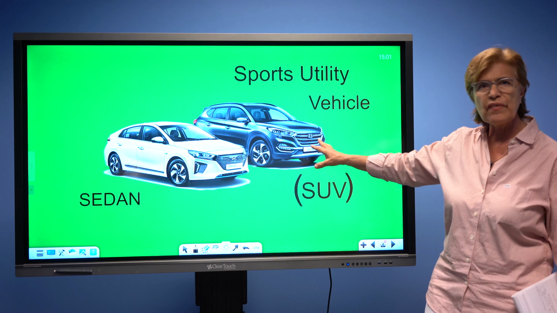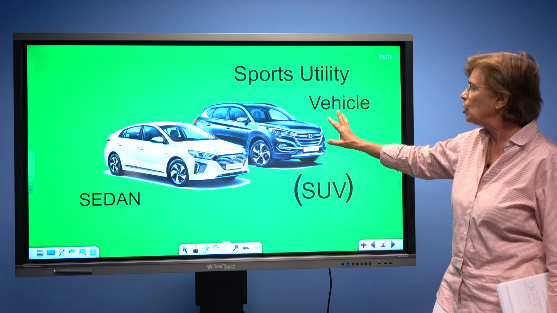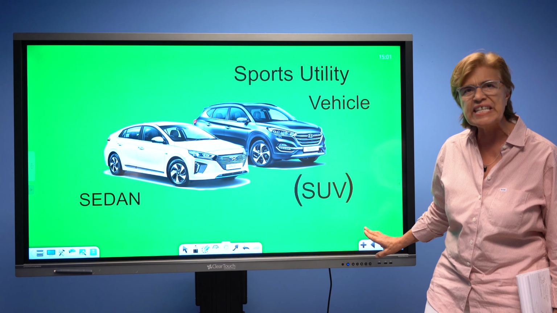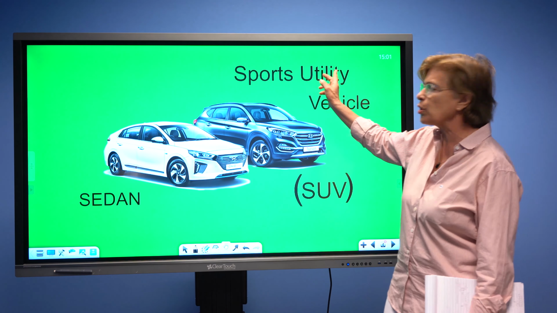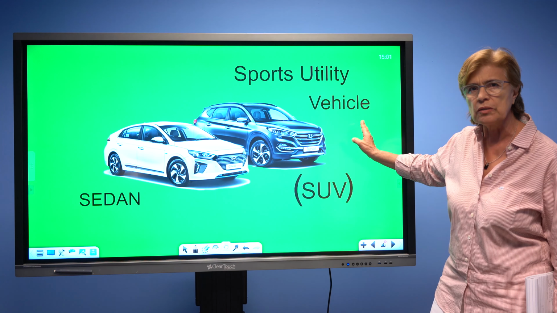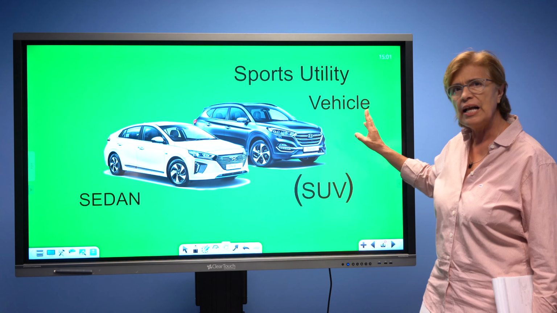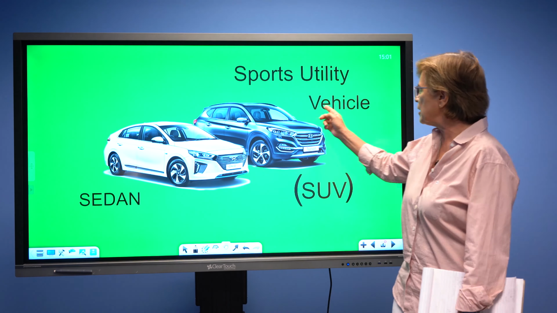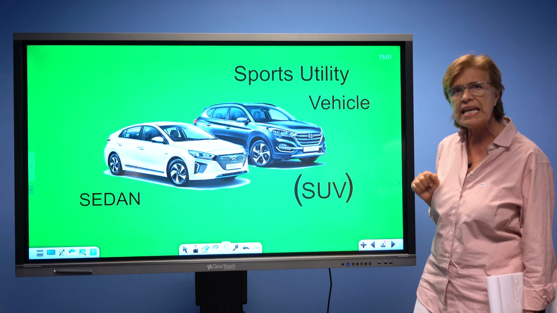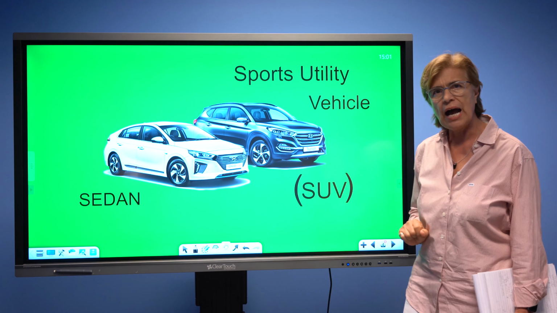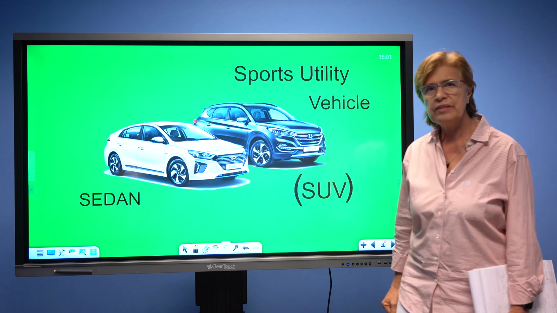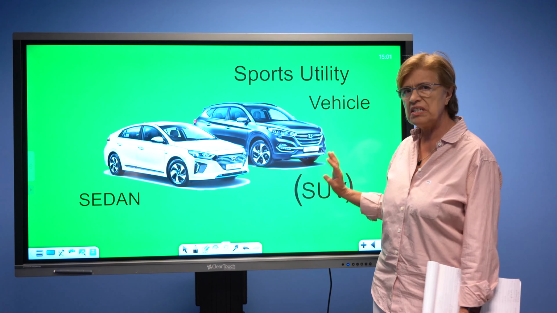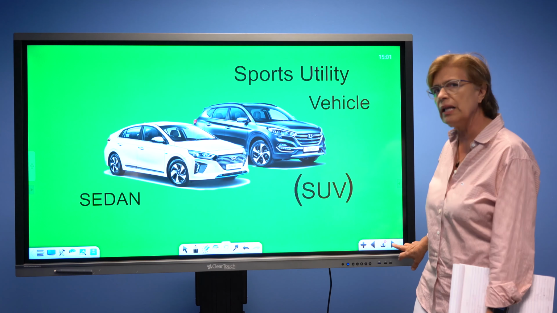And of course a very popular one, called for short SUV, which is Sports Utility Vehicle. Vehicle, as in car, as in automobile, is another way of saying this item. Right here, this is a vehicle as well. Okay? So these we're going to talk about a little bit.